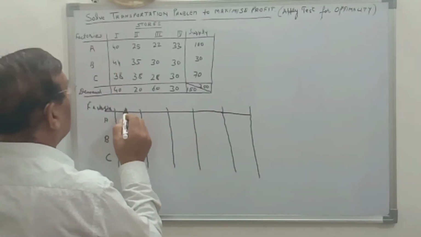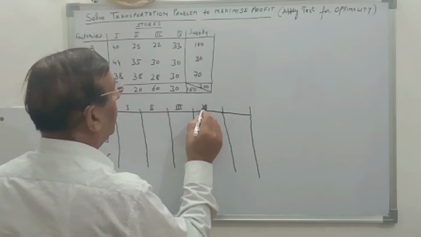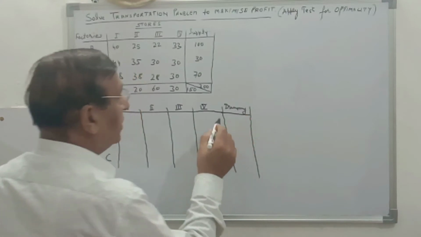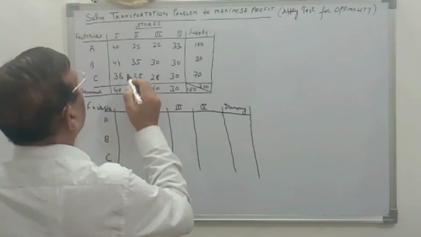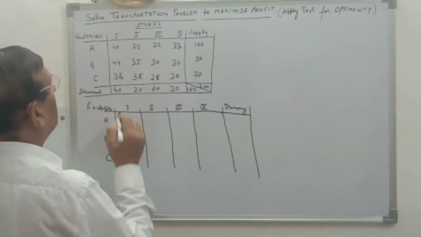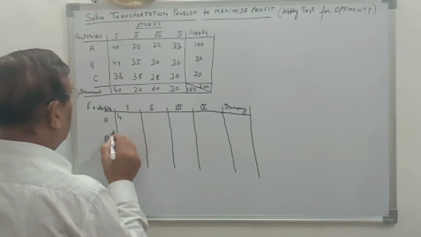So these are the stores 1, 2, 3, 4 and a dummy store with 0 cost. First we will convert this problem by subtracting all the elements from the highest number 44. It is 4, 0. Let me draw first.